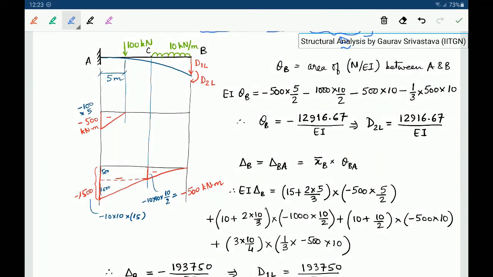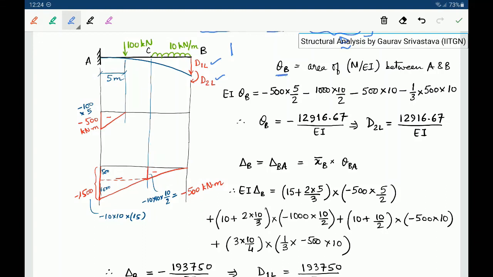So we can first try to find d1L and d2L, right? This is the primary structure with the applied loads, and we can find d1L and d2L by using the moment area method. We can use basically any method, but in this case we are using the moment area method.